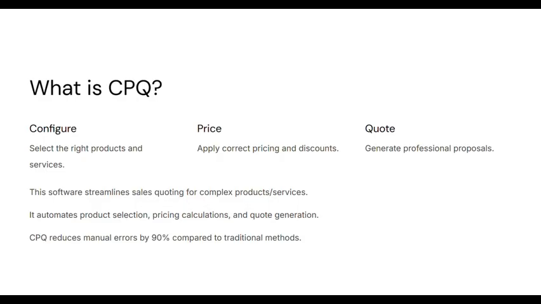Next is price. Once we have selected the product, we apply correct pricing, discounts or offers as per the business rules. And finally, we have the quote. This is what goes to the customer. It is a well structured proposal document that clearly shows the product pricing and makes the offer attractive.